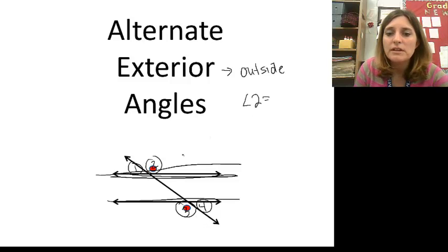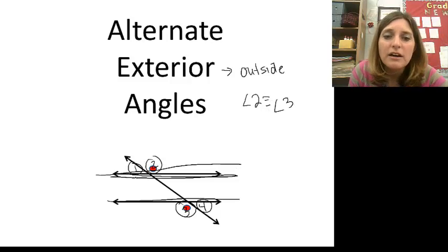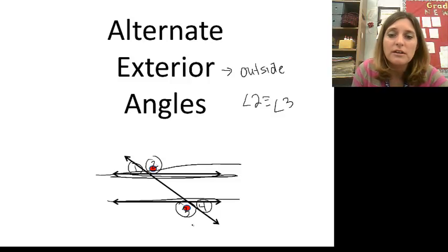Angle 2 is going to be congruent to angle 3. Okay? Because they are outside and they are on the opposite or alternate sides of the transversal. So we have here, and then we're going to switch down to this side. Okay? Angle 1 is congruent to angle 4.